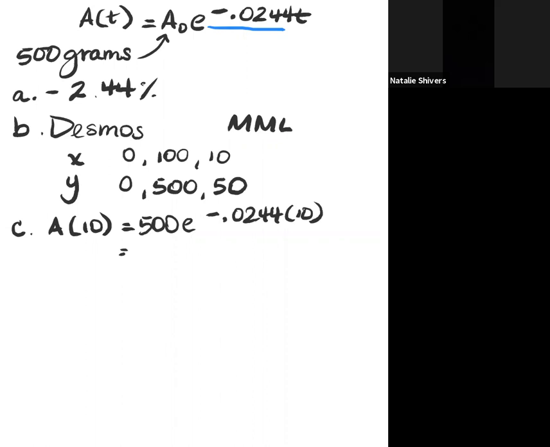So I get 500 e to the negative 0.244. When I multiply that out, I am asked to go to the nearest 10th because we're dealing with grams. So 391.7 grams. Okay, I'm going to skip D because it's going to be similar to the question before, and I'm going to go to E. And we're going to go to a new page.